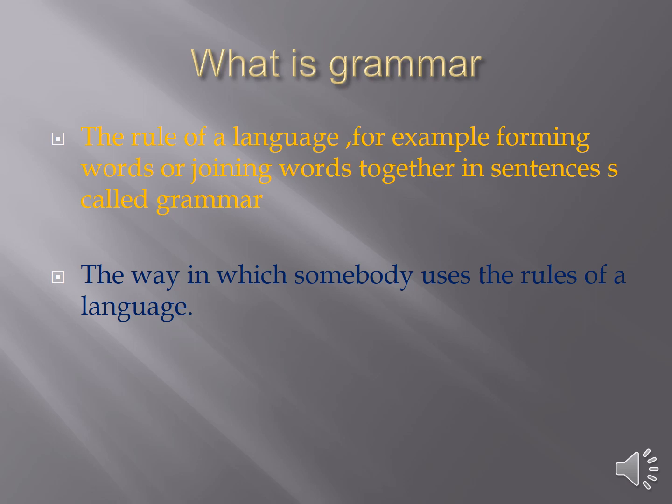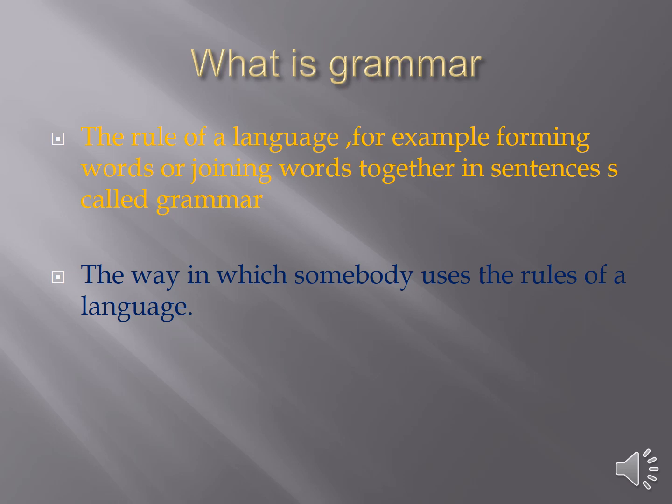This is first of all a rule: if you want to learn a language, then there are certain rules. So this is also one of the rules, for example, forming words or joining words together in a sentence is called grammar. If we want to form any word or join a sentence, this activity is called grammar.